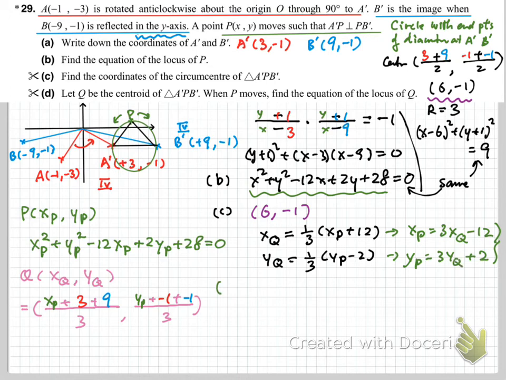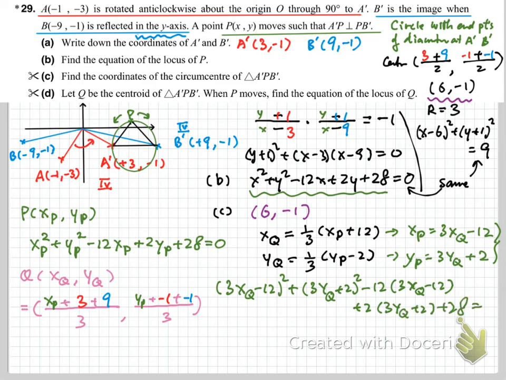We have xp squared, 3 times xq minus 12, take the square, and 3 times yq plus 2 squared, minus 12 xp, 3 times xq minus 12, plus 2 times yp, 3 yq plus 2, plus 28 is 0.